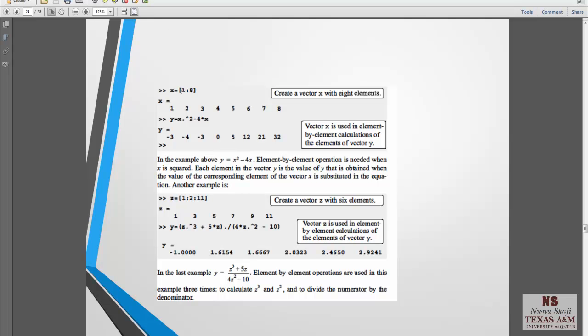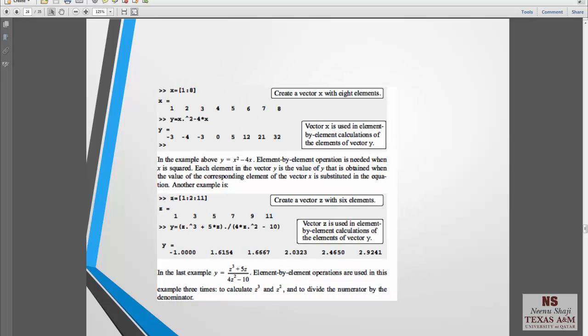X is a vector going from 1 to 8, and we want to calculate the different values of y. So we use the period before the exponentiation, and here we are not using one before the multiplication because it is just a scalar multiplied with a vector. So we get as many values of y as the number of x.